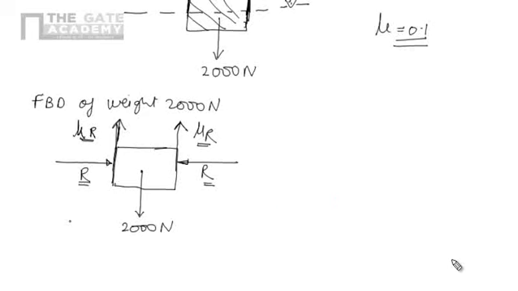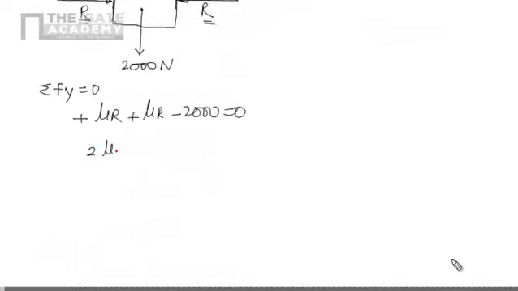Now applying the conditions of equilibrium, the algebraic summation of all the vertical forces should be 0. So in the vertical direction we have plus mu R plus mu R minus 2000 equals 0. So that will be 2 mu R equals 2000, and R equals 2000 divided by 2 mu.